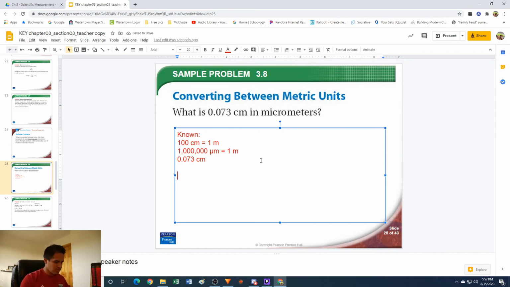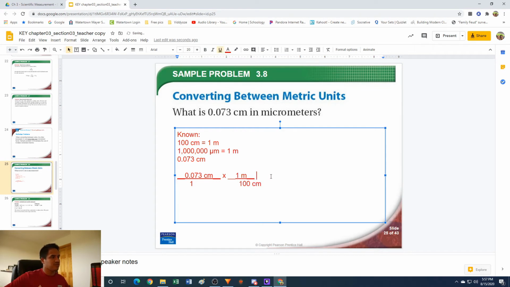So we're going to do this in 2 steps. We're going to start with 0.073 centimeters. And again, if you want to think about it as over 1, you can. We're going to first convert this into regular meters, then we'll convert from regular meters to micrometers. So we are going to multiply this by 1 meter over 100 centimeters.